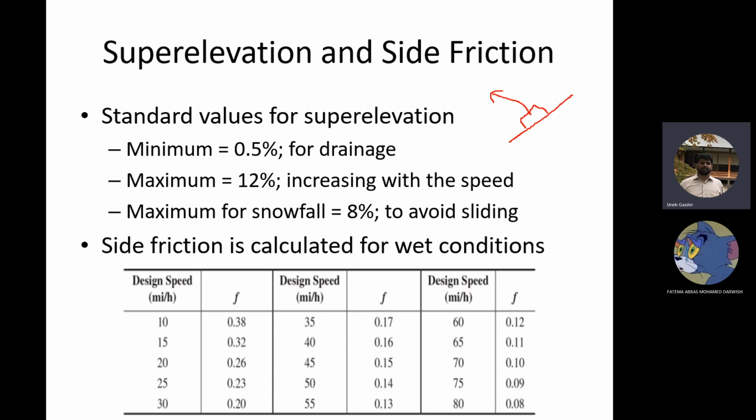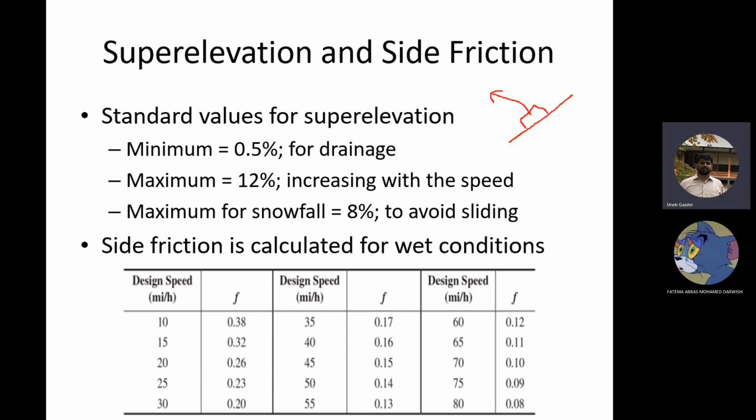If you are designing for a region in which there is snowfall and too much rain, so the pavement is usually wet, or there is snow on the pavement, then there is a chance that too high superelevation may result in the car sliding.